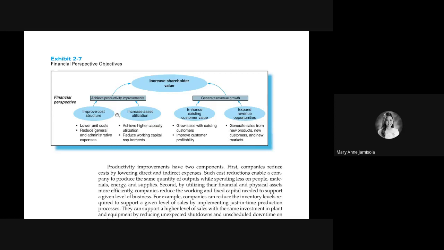And then here, improvement of the cost structure. So we want to lower our unit costs. So how do we arrive at this? Maybe we want to replace our old machines with newer ones that can produce more products or units every hour or every specific period.